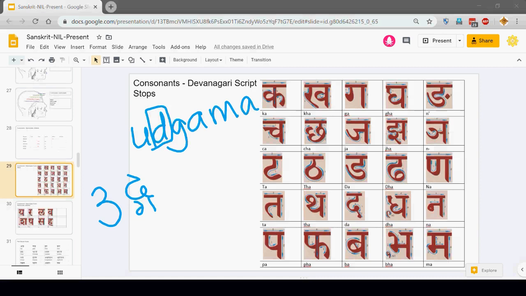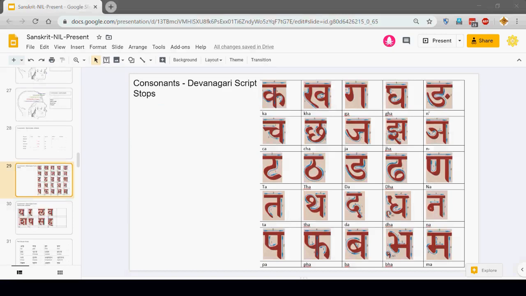So one is as the usual, ud, as our general guideline, we can follow this way also. Udgama. This is one way of writing it.